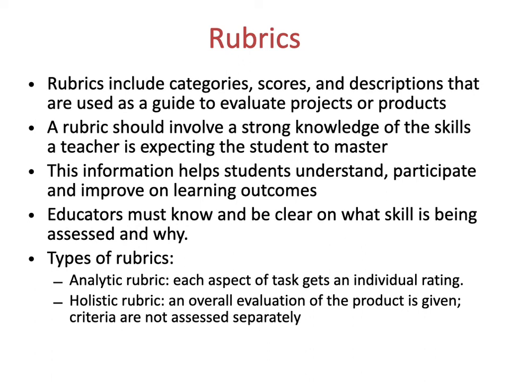The first one is analytic rubric. Second one is holistic rubric. For our case study, for example, final project, we are using holistic rubric. In holistic rubric, an overall evaluation of the product is given, and criteria are not assessed separately.